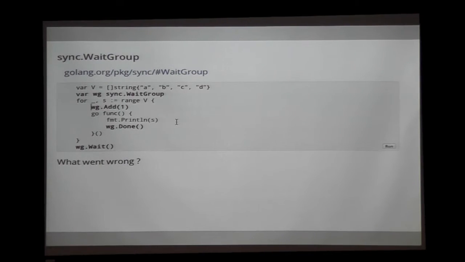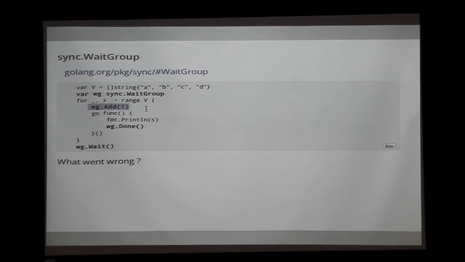So it could be that none of them are added, and it immediately returns with none of them running. Does something bad happen if you call Done on a WaitGroup that's already being waited for? No, it will say, yeah, I'm done. It will just decrement the counter.